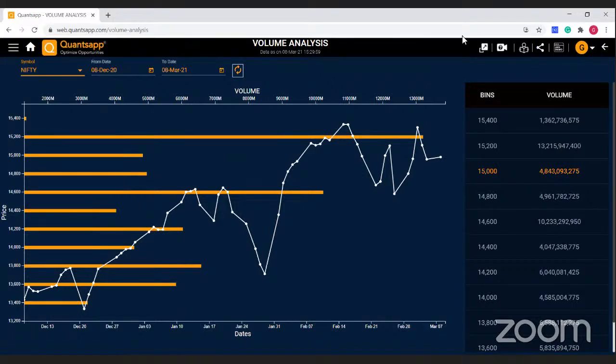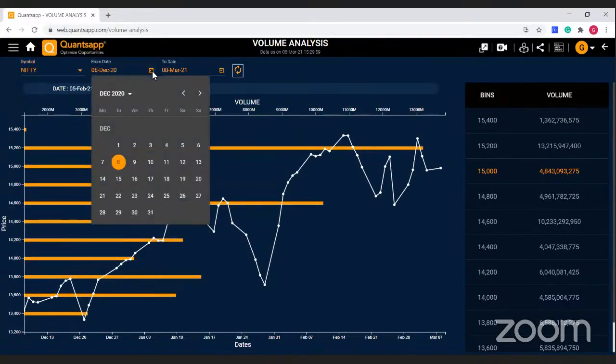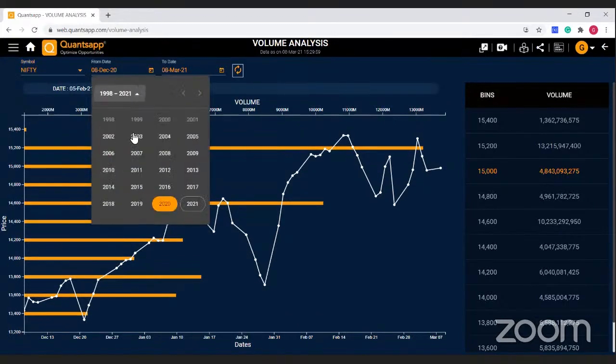We can't really say whether it was buying volume or selling, but we can identify this is the level where the highest volume has happened over the period of time. So this was about the 3-month period, and we increased slightly more, let's say from August.